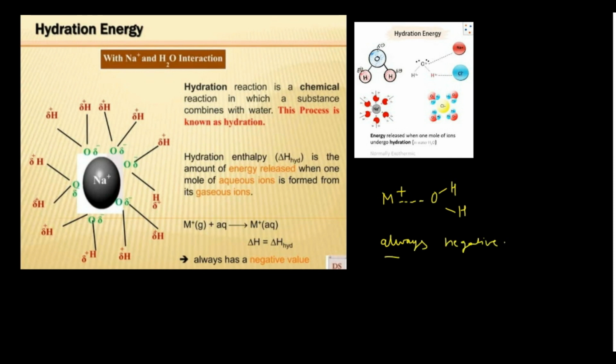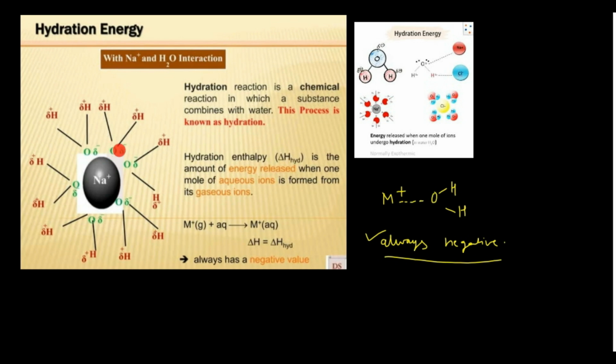However, it is not very important to remember or learn the values. Here you can see this is a sodium ion, having the positive charge, and this is your water molecule. You know the water molecule is polar in nature, so you can write delta positive on the hydrogen and delta negative on the oxygen.